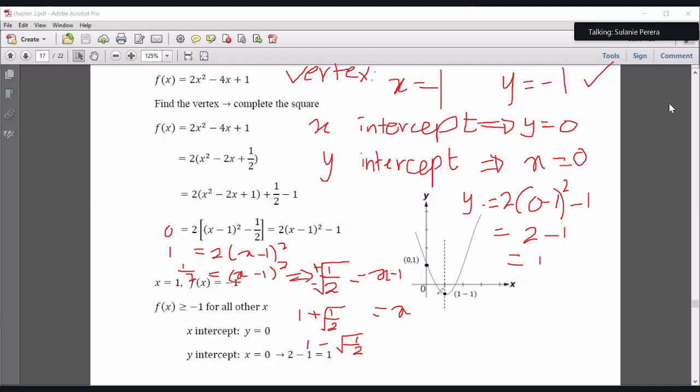In a Cartesian coordinate, mark the vertex, x equals 1, y equals -1, and the y-intercept, which is when x is 0, y is 1, and the x-intercepts, okay? And then you just connect it. So when you connect it, you will get this graph.